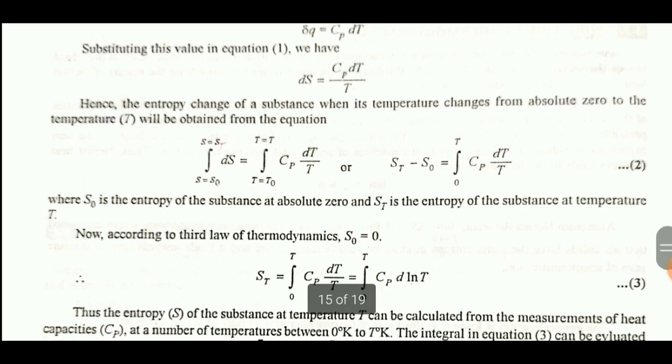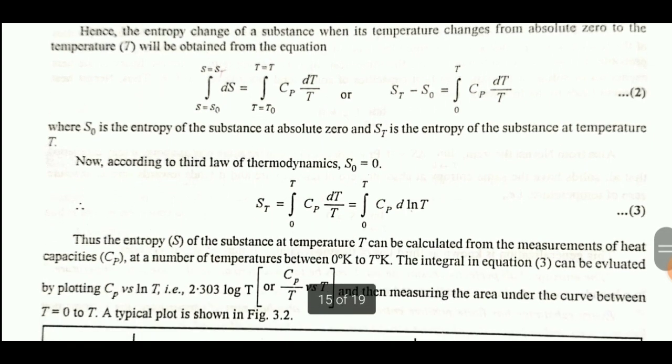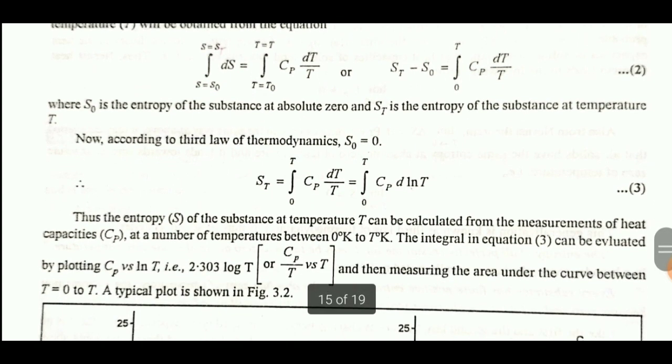Hence, the entropy change of a substance when its temperature changes from absolute 0 to the temperature T will be obtained from the equation St minus S0 is equal to the integration from 0 to T of Cp dT upon T, where S0 is the entropy of the substance at absolute 0 and St is the entropy of the substance at temperature T. Now, according to the third law of thermodynamics, S0 is equal to 0.